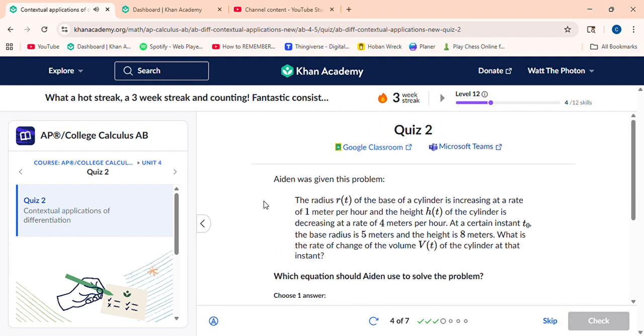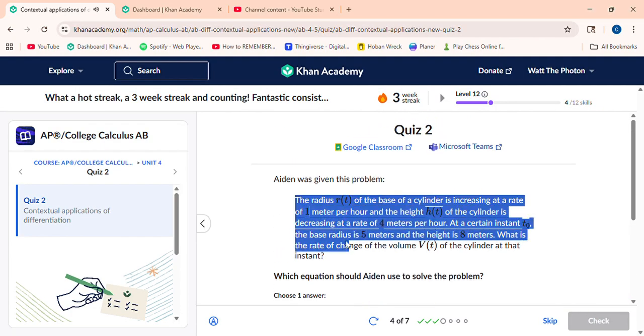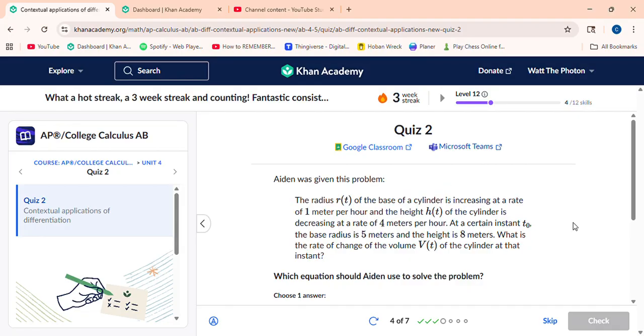Yay! The radius of the base of a cylinder is increasing at a rate. The radius r'(t) is equal to 1 meter per hour.